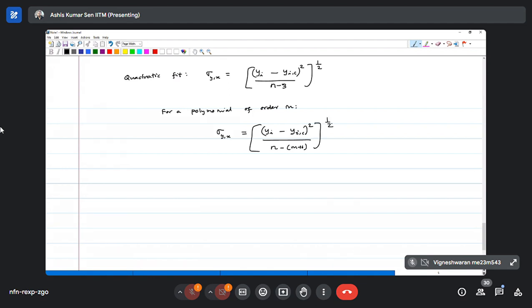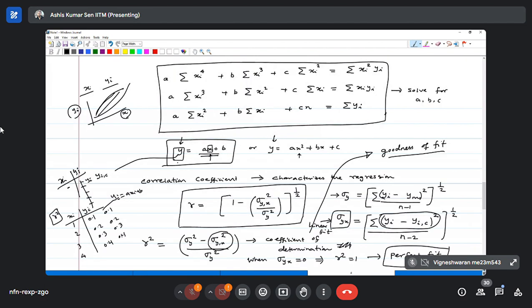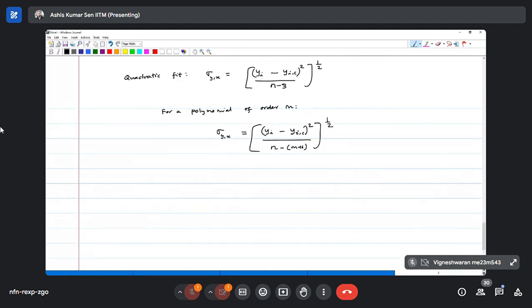That means when you take a linear fit, your m equal to 1, so you had n minus 2, right? In the previous case, you had n minus 2 for a linear fit, and when it becomes quadratic, your m is 2, so it becomes n minus 3. If you have a cubic polynomial, something like a x cube plus b x square plus c x plus d, there your m will become 3. So that means it will become n minus 4 in the denominator, and so on.